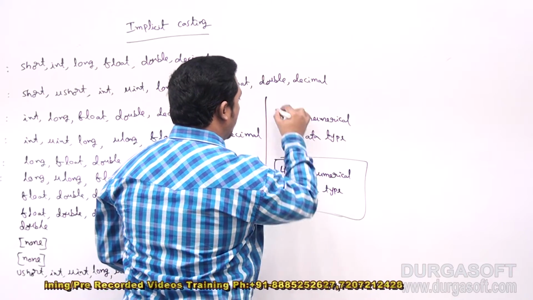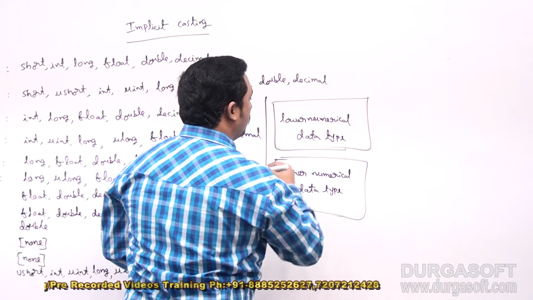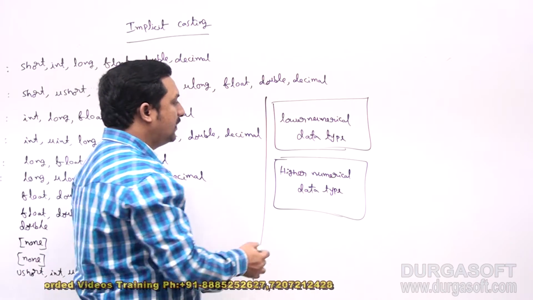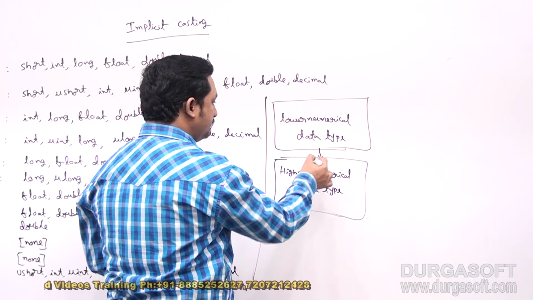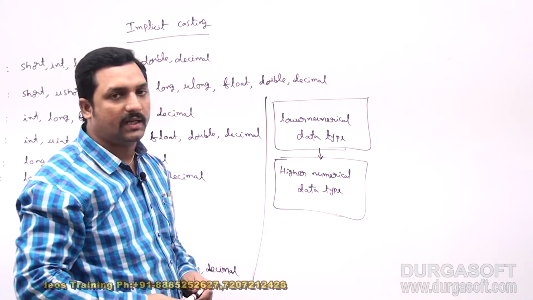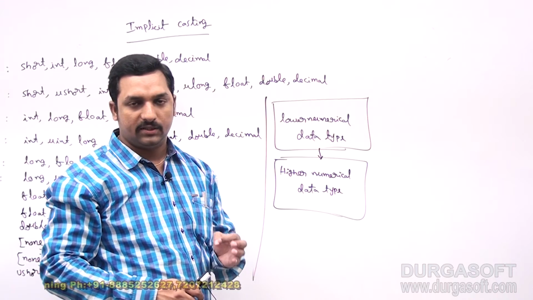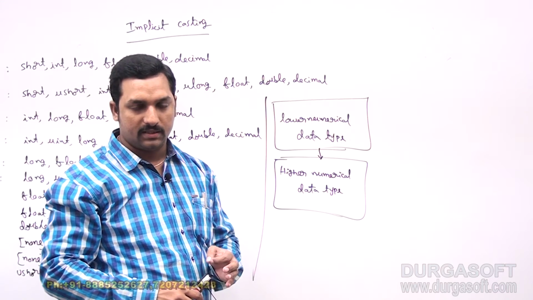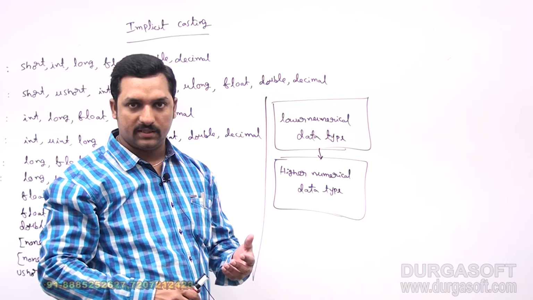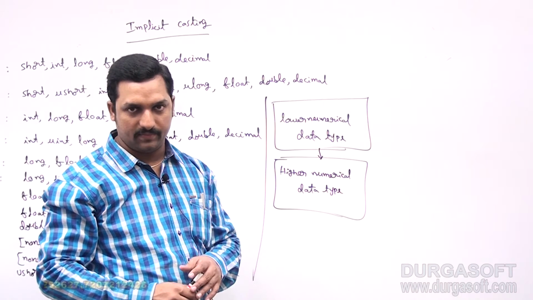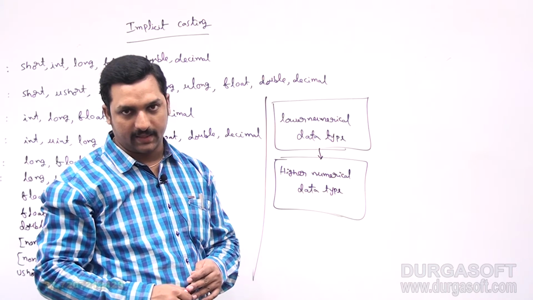So, I want to convert the value from the lower numerical data type to the higher numerical data type. Now listen, what are the numerical data types available for us? S byte, byte, short, U short, int, U int, long, U long, float, double, decimal. These are the 11 numerical data types.